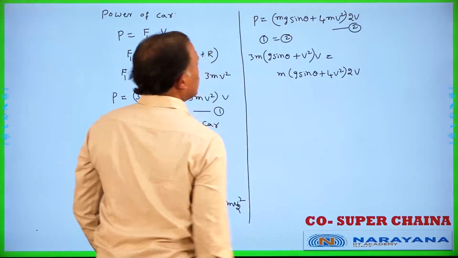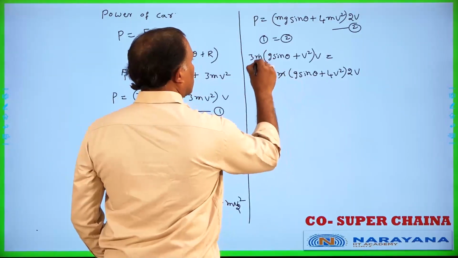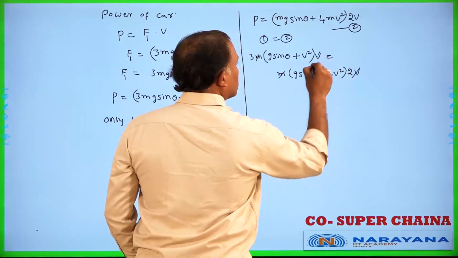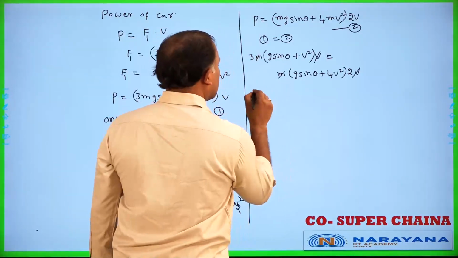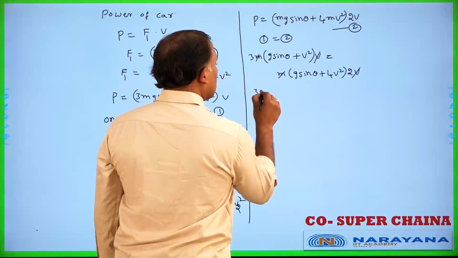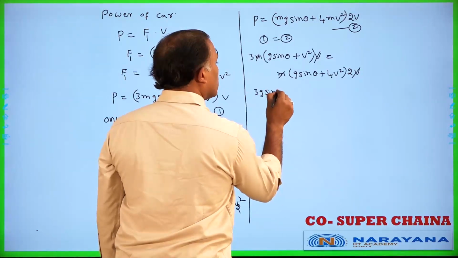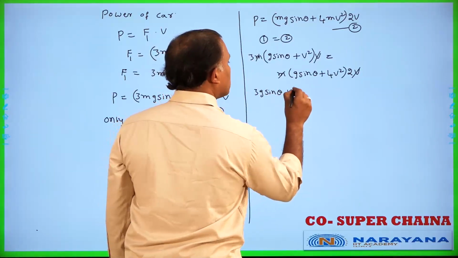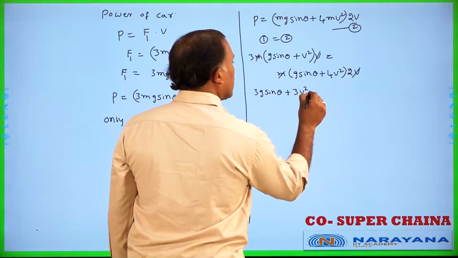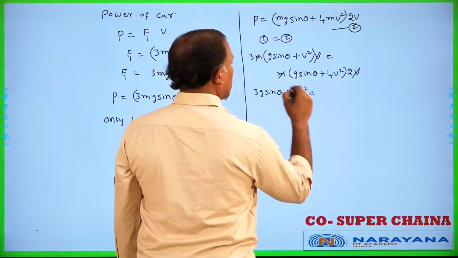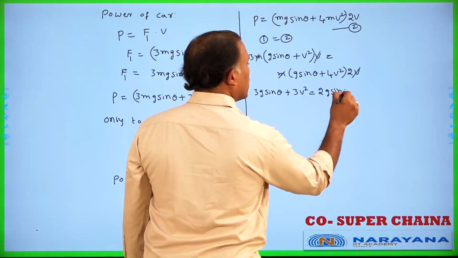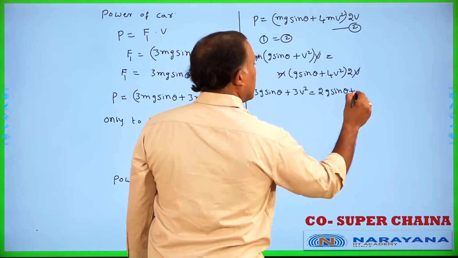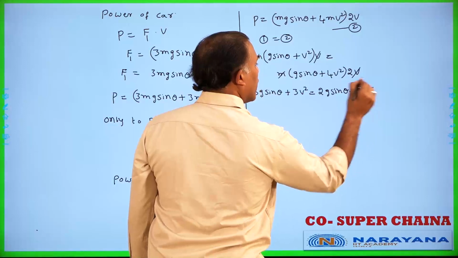So now here m cancels, v also cancels. So then one more step: 3g sine theta plus 3v square will be equal to, this 2 coming inside, 2g sine theta plus 8v square.